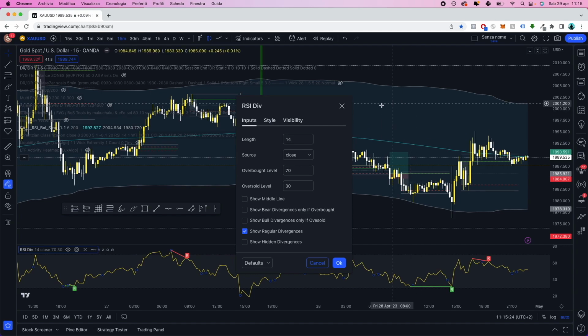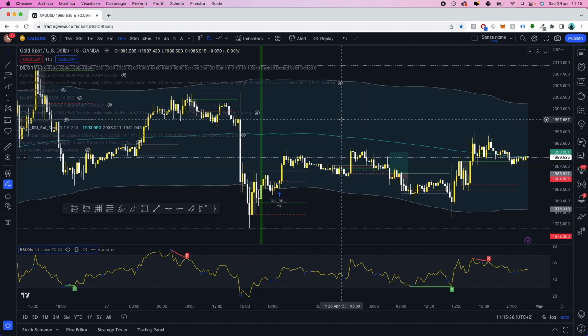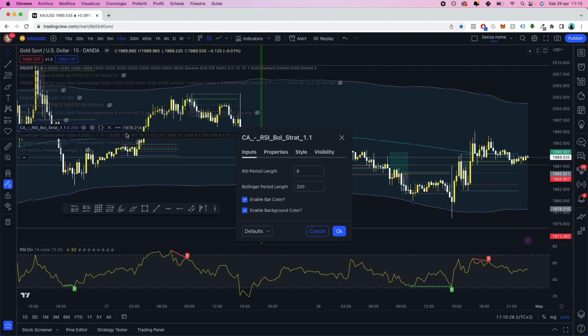The same thing is with the Bollinger Band. I would like to check if 200, 1000, 50, which is the best number, and also the correlation between the RSI period length and the Bollinger period length.